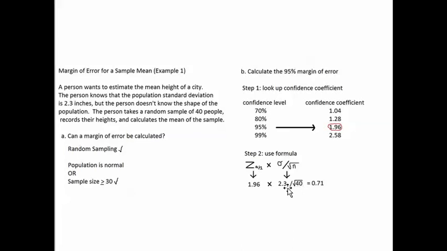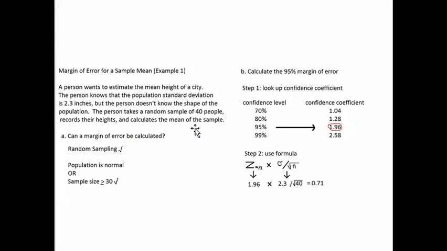Once you do that, you would just divide 2.3 by the number, and then after that you would multiply 1.96 by this number and get your answer. It would take about 3 steps. So our answer is 0.71. In this situation, the 95% margin of error is 0.71.